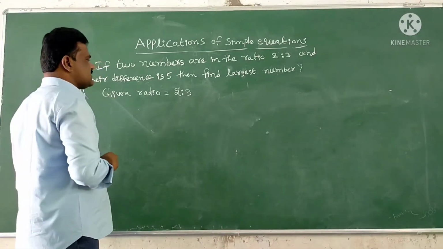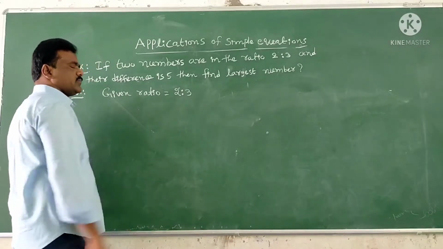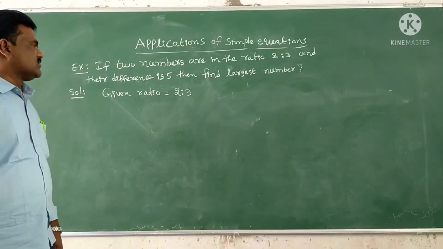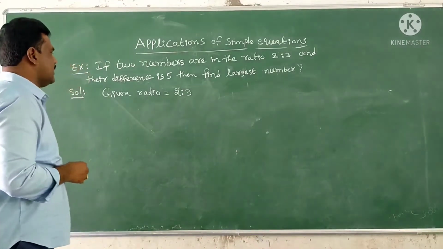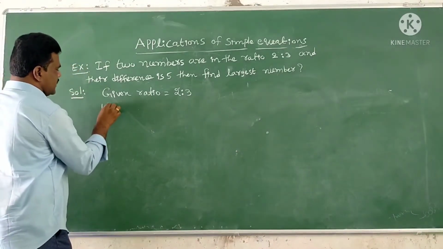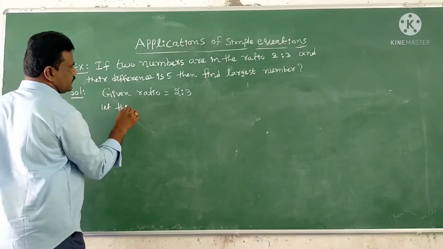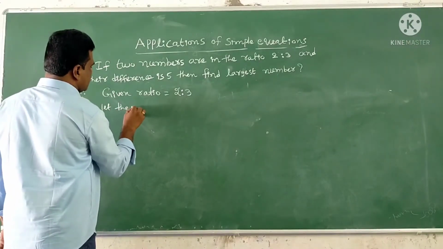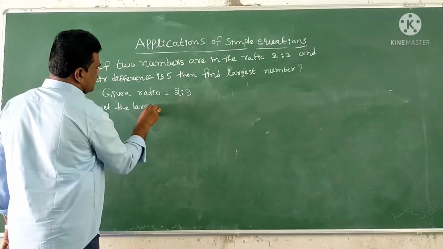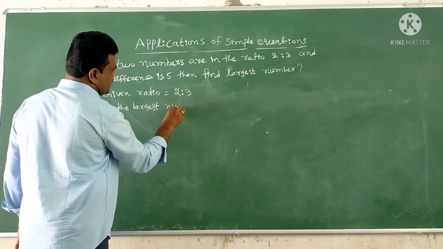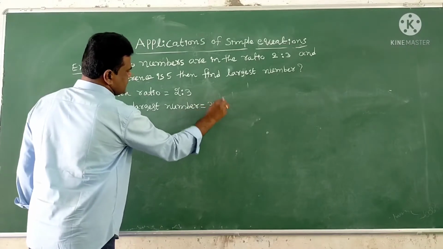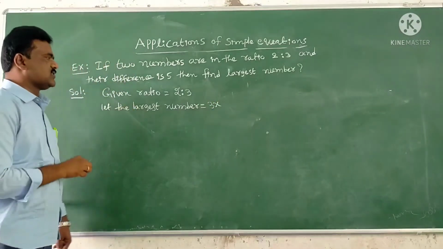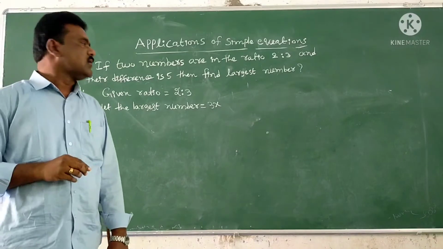Children, which is the largest part in the ratio? Yes, 3 is the largest part and 2 is the smallest part. So let the largest number be equal to 3x.